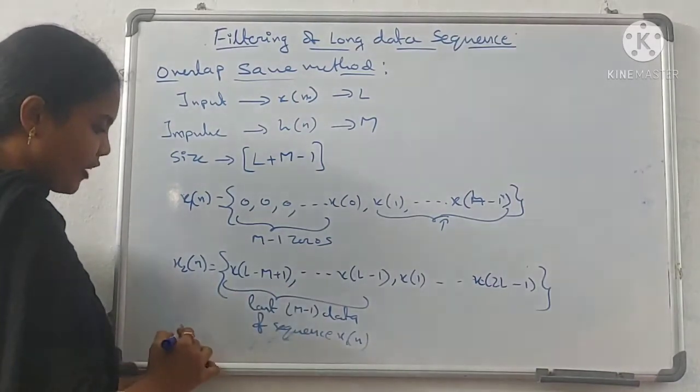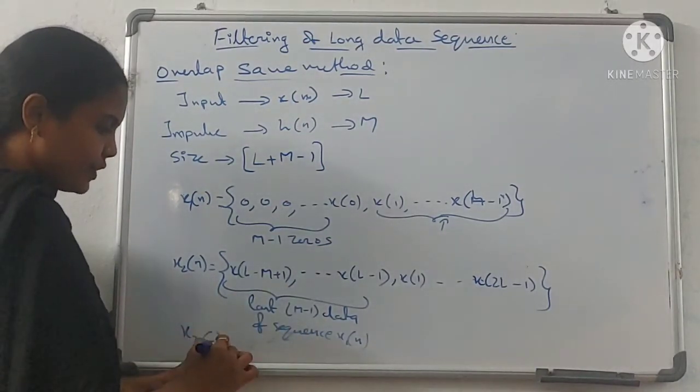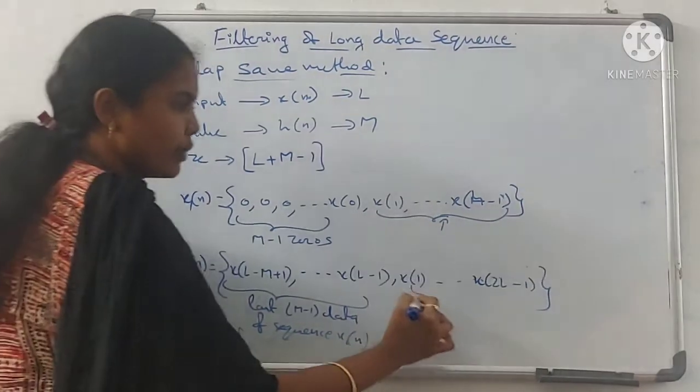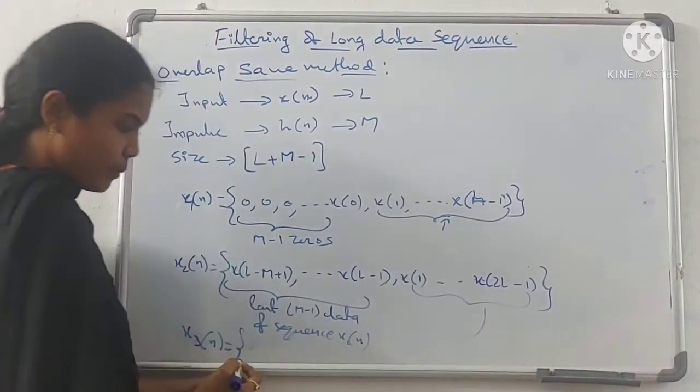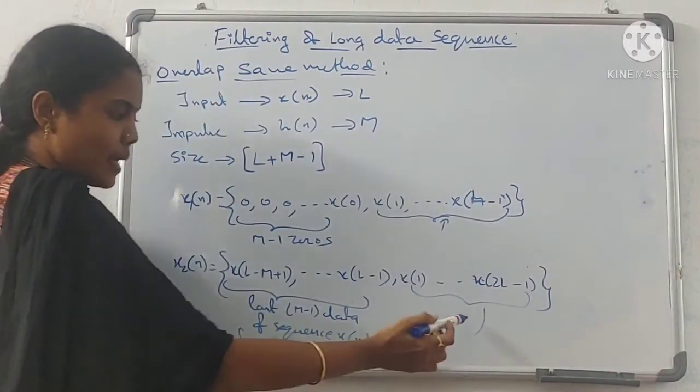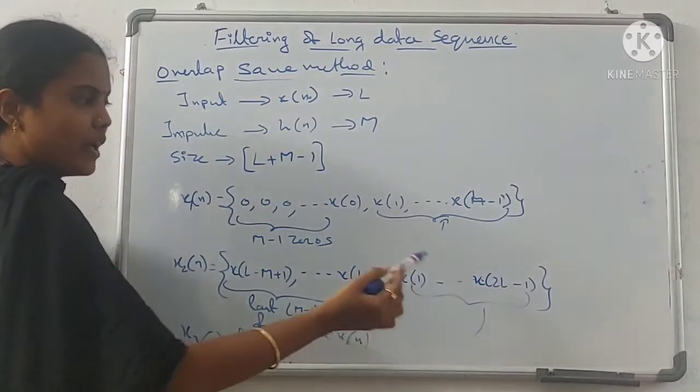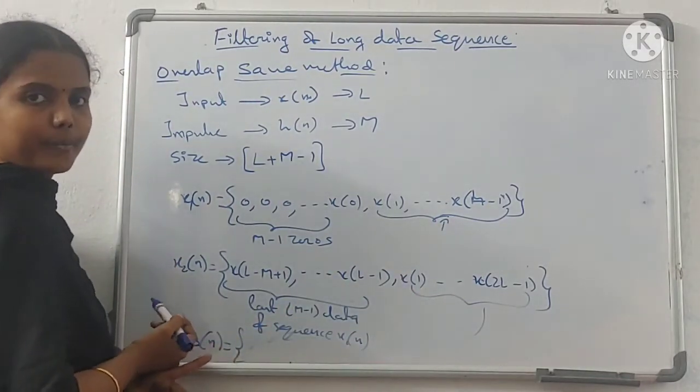If you find x3 of n, you have to take the last M minus 1 data of x2 of n.